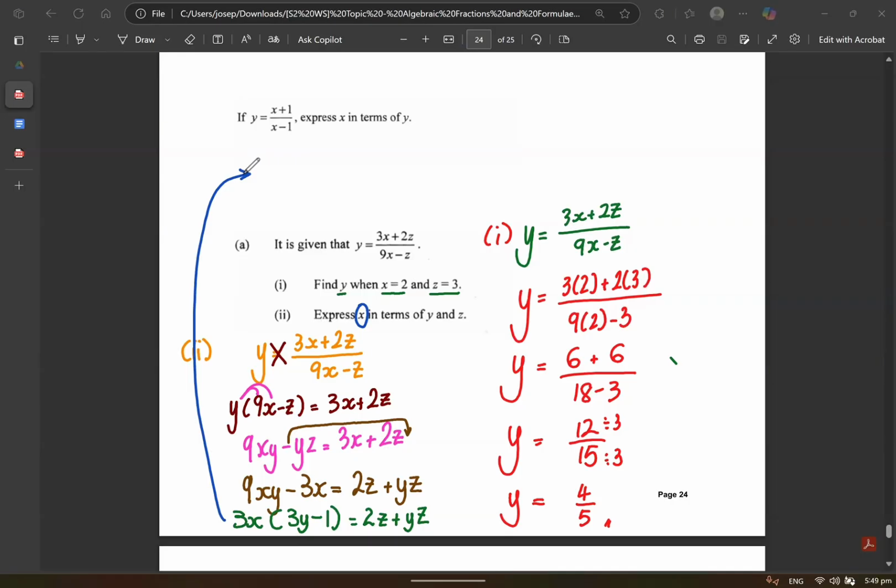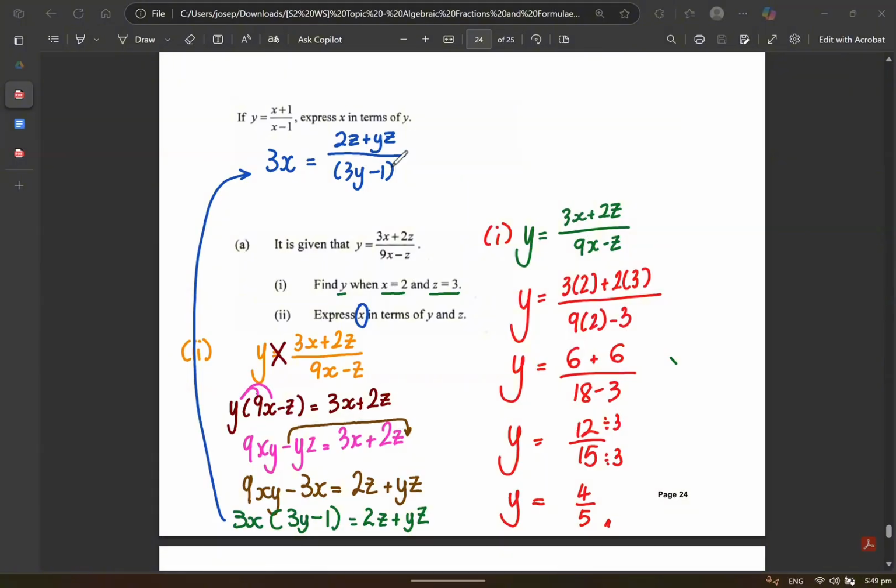So you write down 3x remaining there, and 2z plus yz over 3y minus 1. Got it?